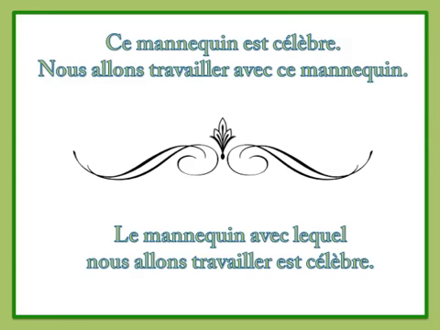Okay? Since we already have a preposition, we don't have to use the auquel or duquel. We're just going to use a regular form of lequel preceded by avec. So, le mannequin avec lequel nous allons travailler est célèbre. The model with whom we are going to work is famous.